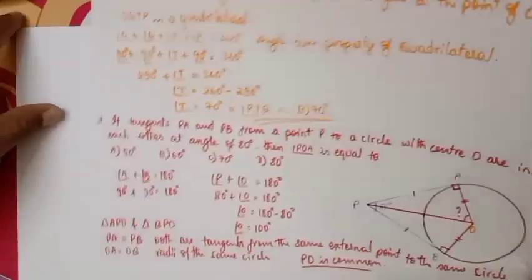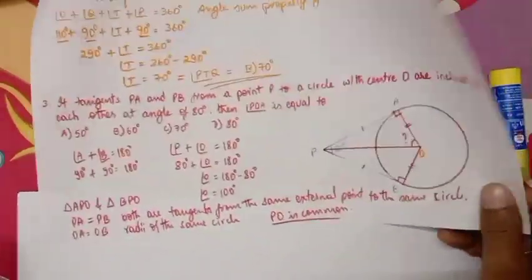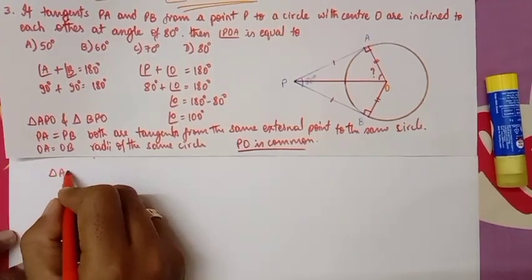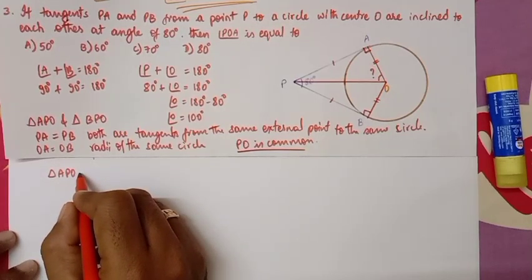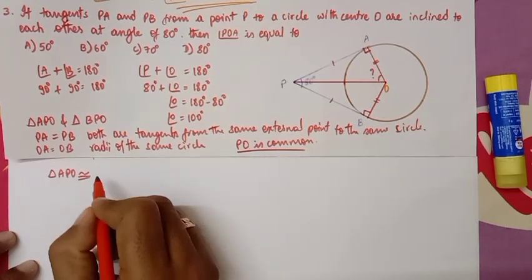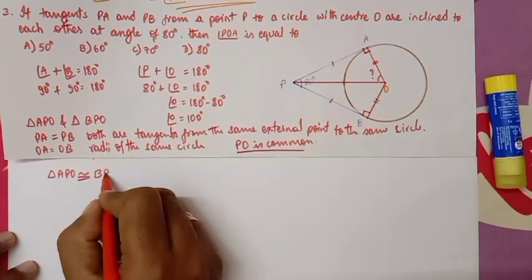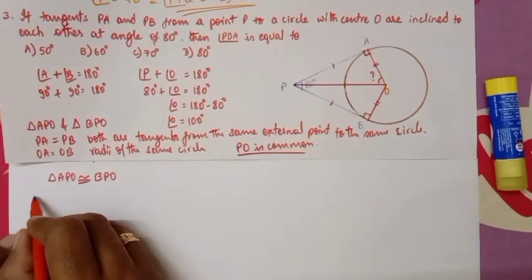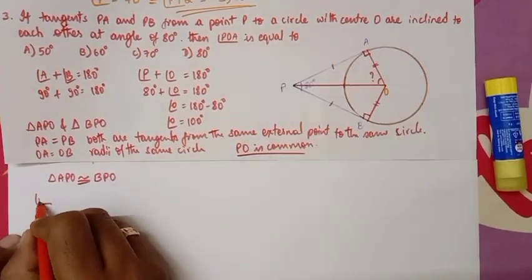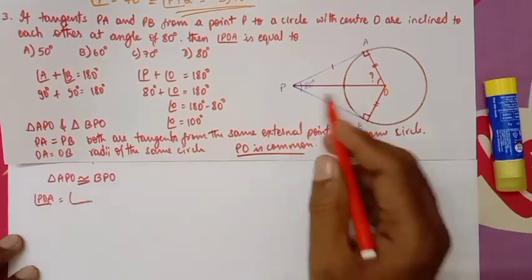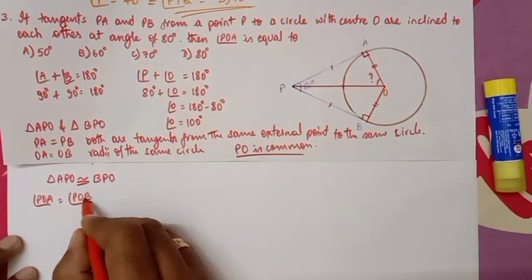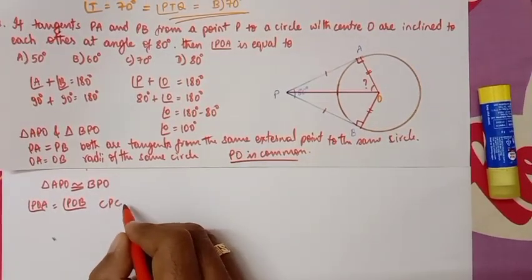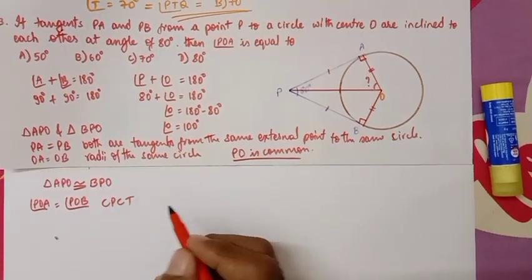Therefore, we can clearly say that triangle APO is congruent to triangle BPO. So angle POA equals angle POB, corresponding parts of congruent triangles, CPCT.